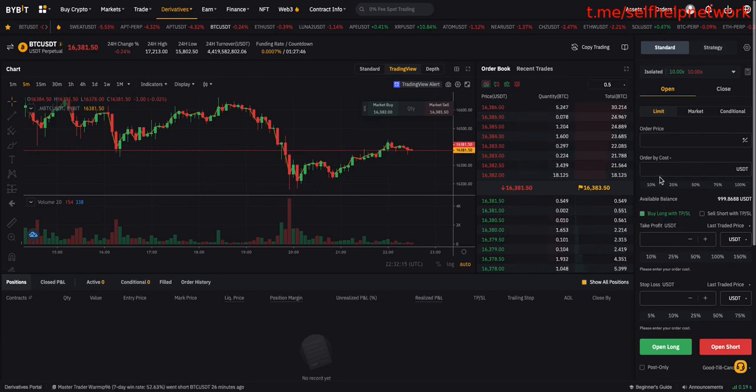So let's keep it very simple. If your order price was 16,000, so you want to go long at 16,000, and you want to risk no more than $400, you would have to find where your stop loss would be and then alter your position size in accordance with that.